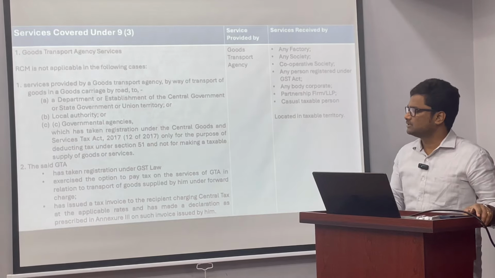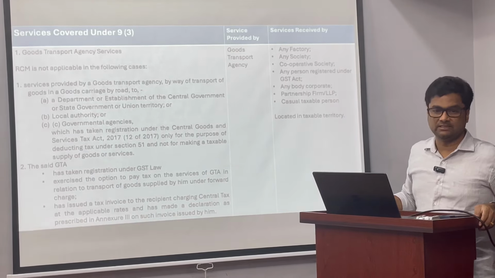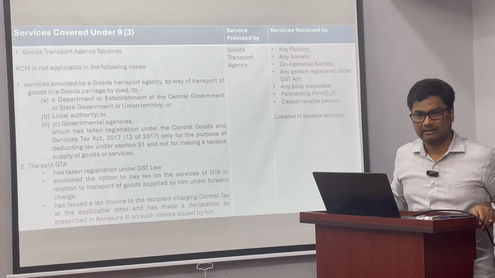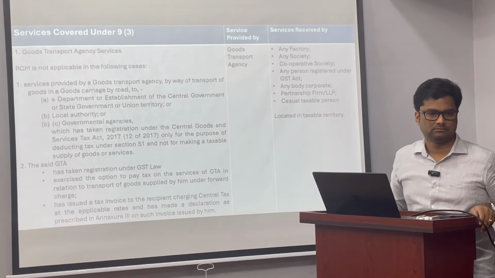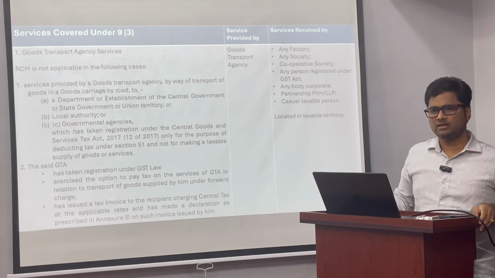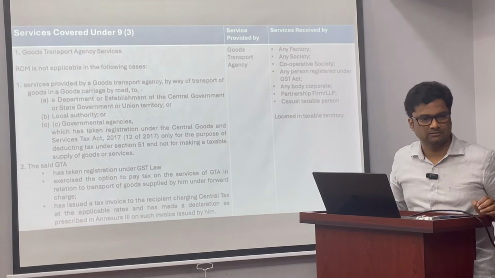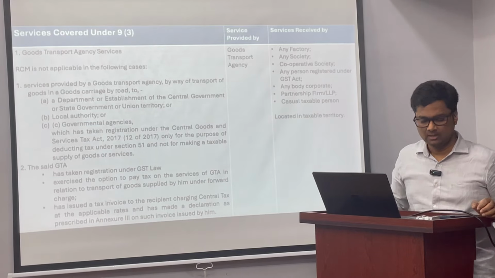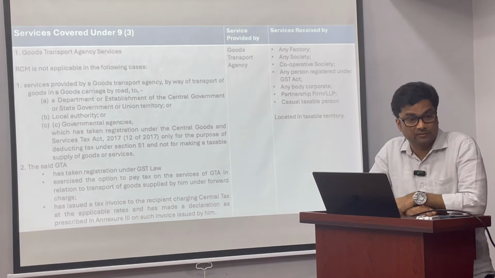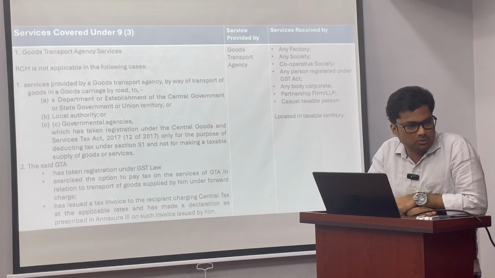Okay. See, first one. What is the first one? Goods Transportation Agency services. That is transportation of goods by road. What do you mean by goods transport agency? There is a definition. Goods transport agency means one who engages himself in transportation of goods by road and issues a consignment note.